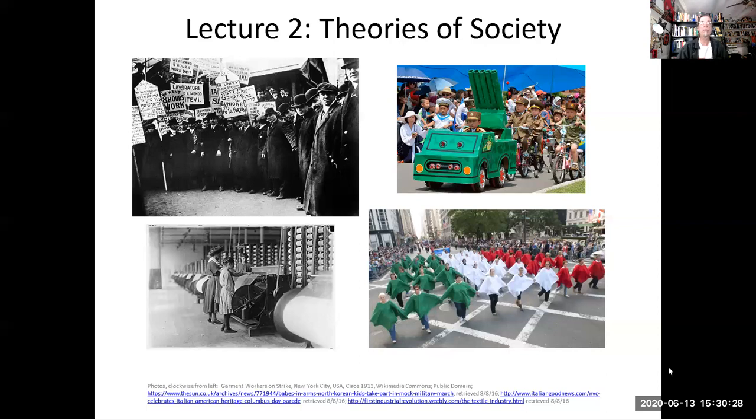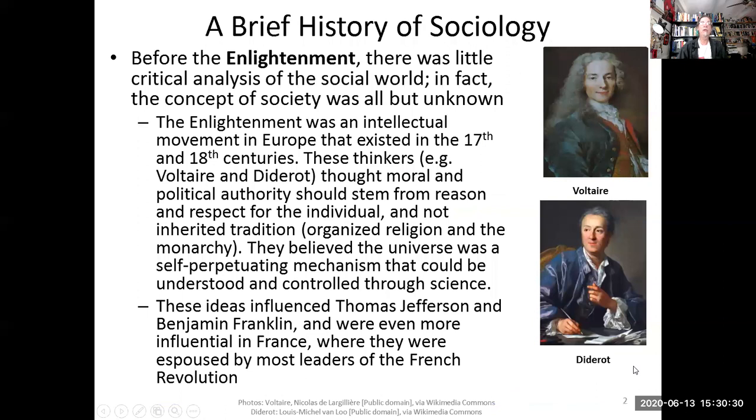So, moving on. A brief history, very brief. Sociology as such didn't really exist before what we can now call the Enlightenment, a period in the late 17th, early 18th century when certain scholars, basically men of leisure, because there were few professional jobs for writers and thinkers in those days. These were typically almost always men.